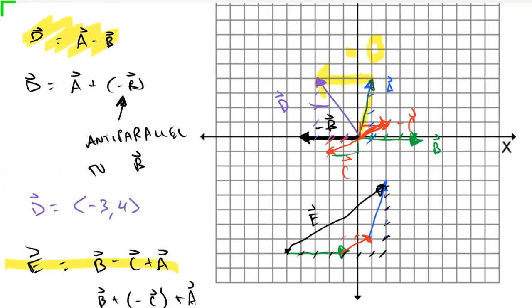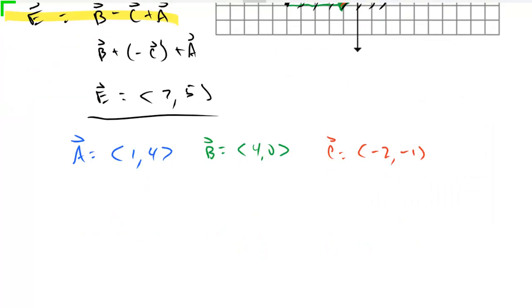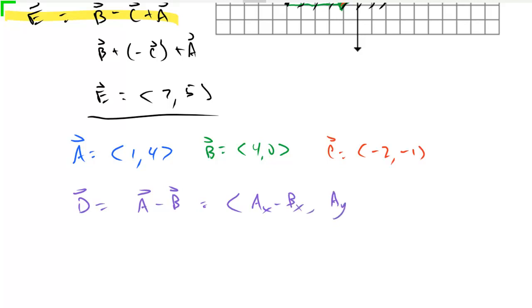We said that vector difference D, we define this to be A minus B. So let's write this out here. D equals A minus B. These are all vectors here. So A minus B will be Ax minus Bx in the first one, and then Ay minus By here.